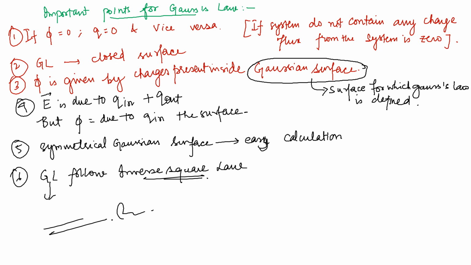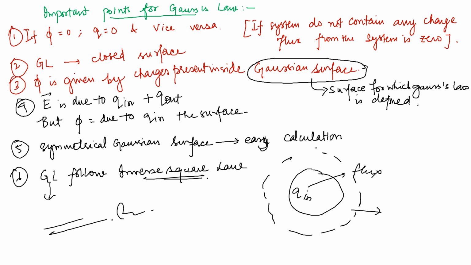We are just defining the flux, and always make sure of this one point, that when this surface is taken, the charge inside it influences only flux, but the charge present over here will influence the electric field.